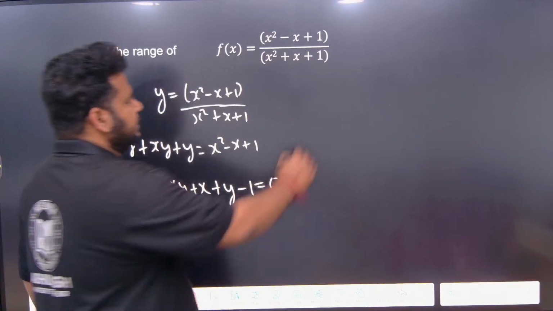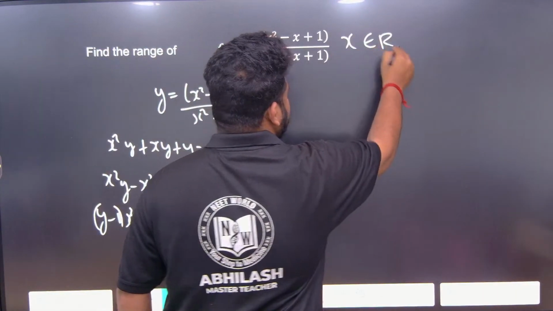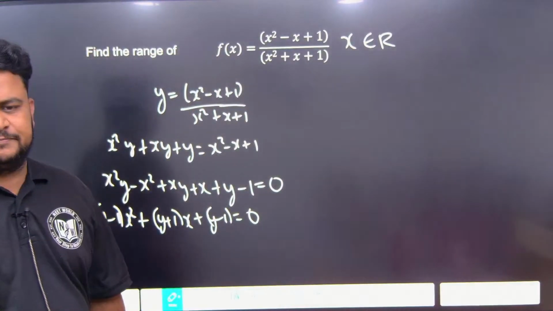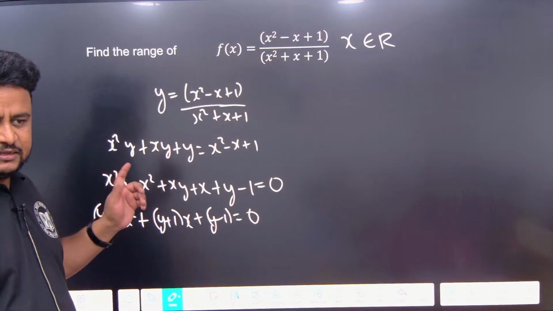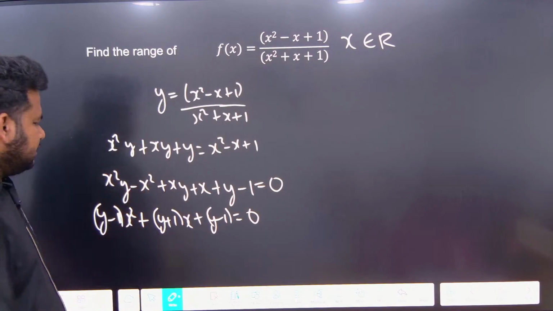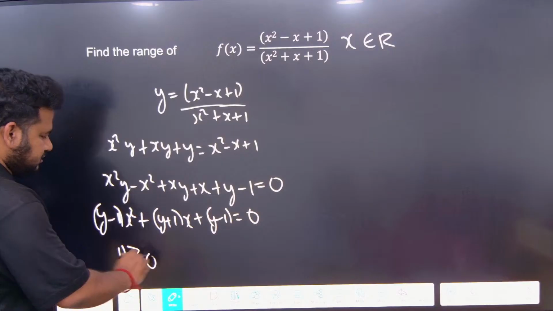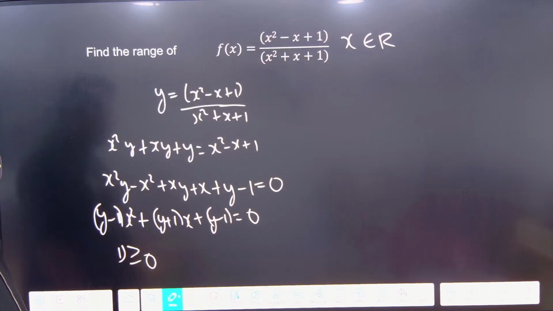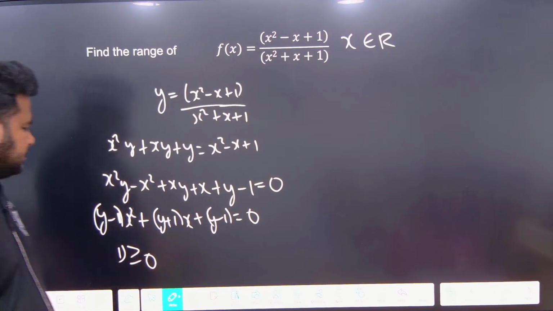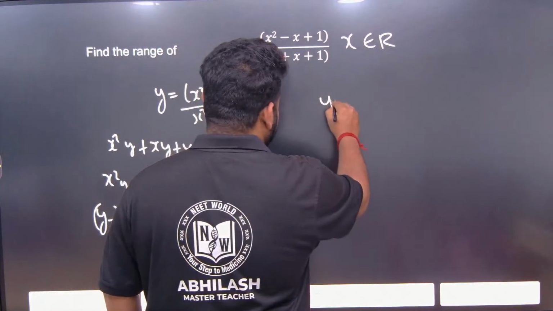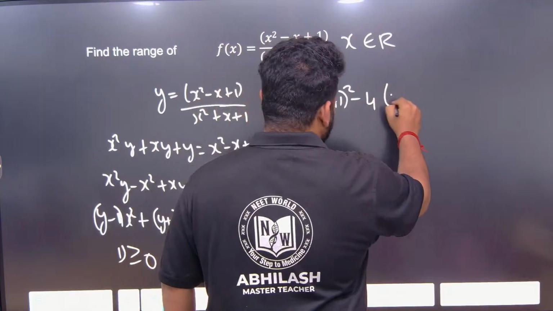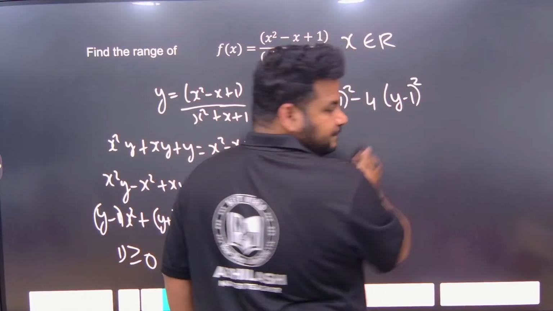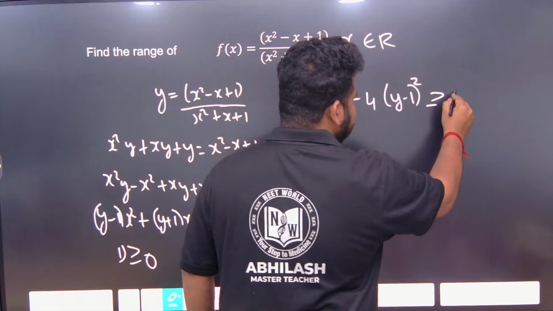Here x belongs to all real numbers. That means the discriminant will be greater than or equal to 0; the discriminant cannot give imaginary roots. So b square minus 4ac is greater than or equal to 0, which gives (y plus 1) whole square minus 4 into (y minus 1) whole square greater than or equal to 0.